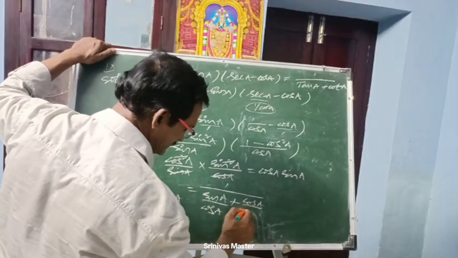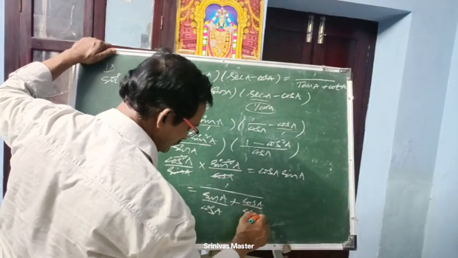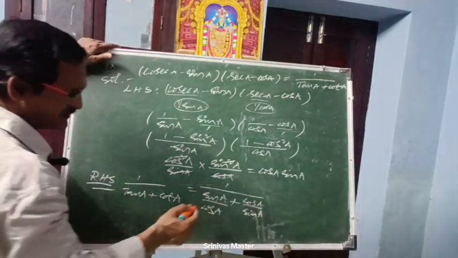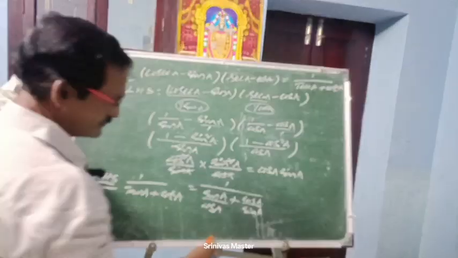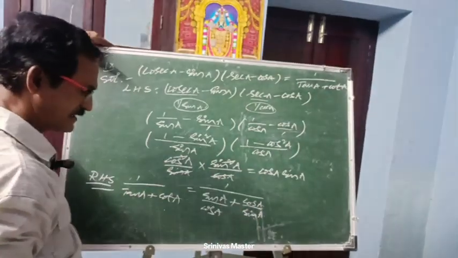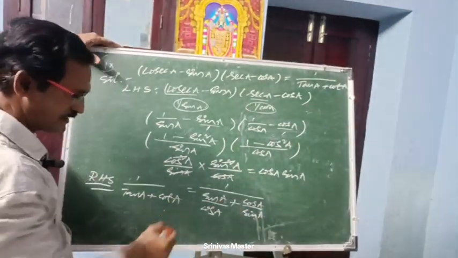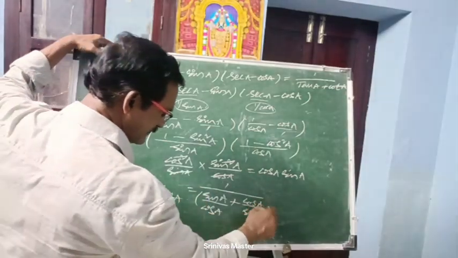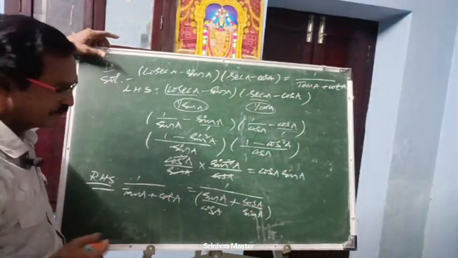Tan is sin A by cos A, so the reciprocal is cot, so cos A by sin A. Cot A can be written as cos A by sin A. Simply you can keep a bracket; if you keep a bracket, no confusion at all.